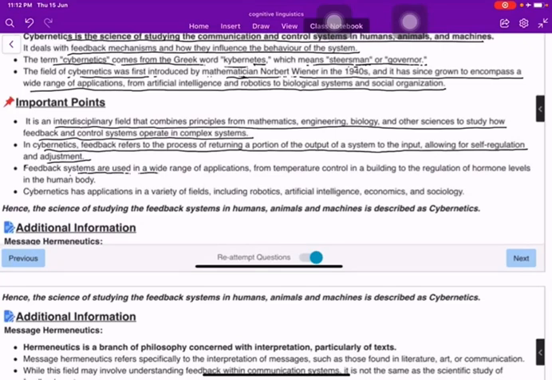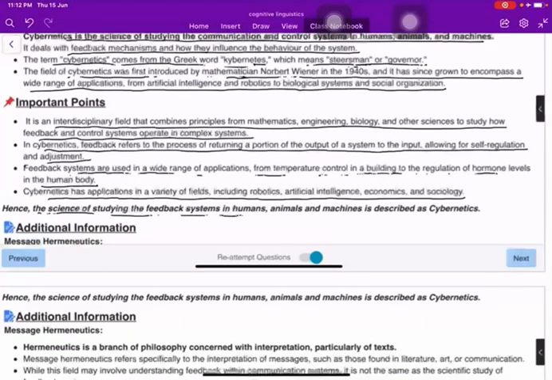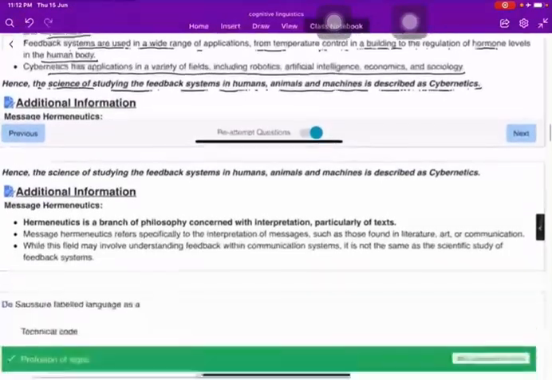Feedback systems are used in a wide range of applications, from temperature control in a building to the regulation of hormone levels in the human body. Cybernetics has applications in a variety of fields, including robotics, artificial intelligence, economics, and sociology. Hence, the science of studying the feedback systems in humans, animals, and machines is described as cybernetics.